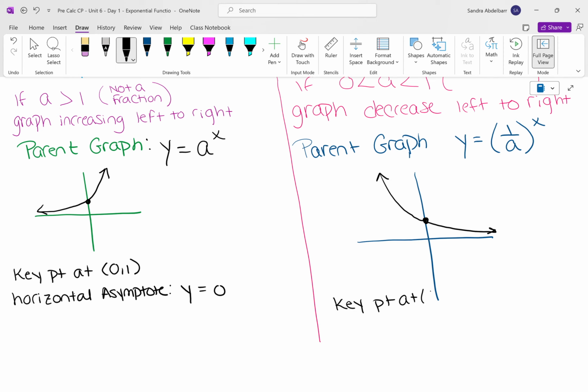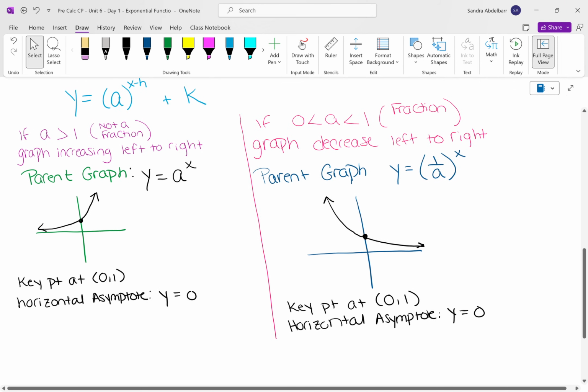We will still have a key point at 0, 1. And we will have a horizontal asymptote at y equals 0.